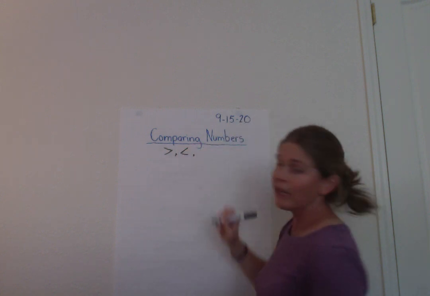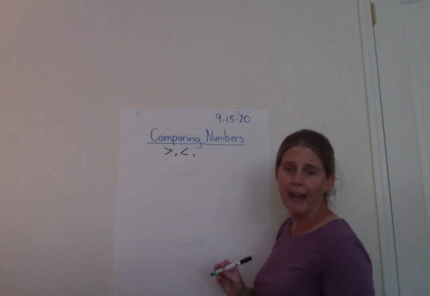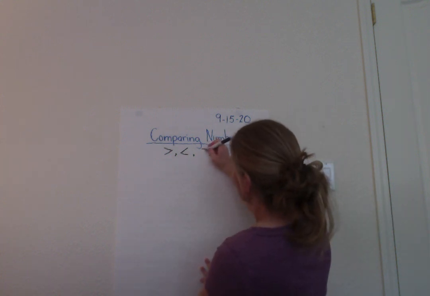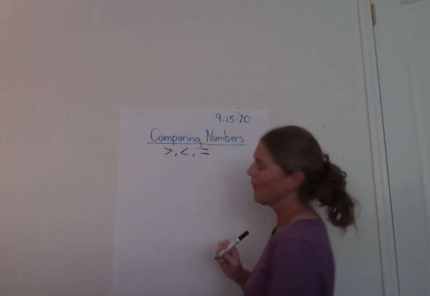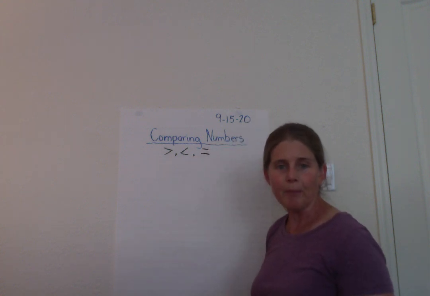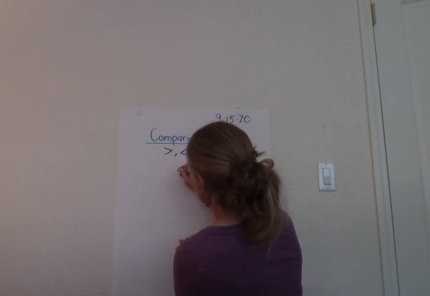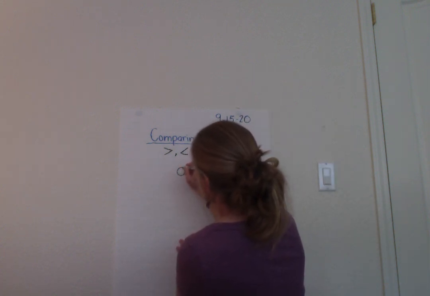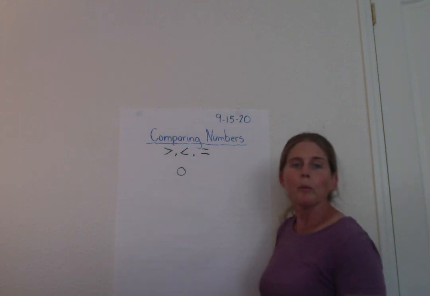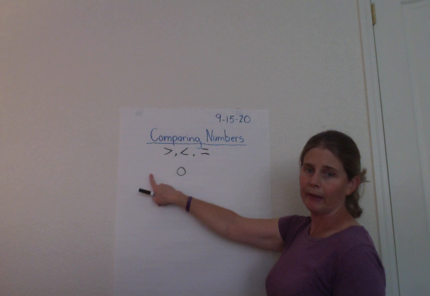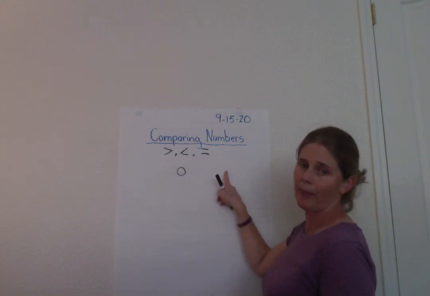And of course, if and when the numbers are the same, we will have an equal sign. Now, often when we compare numbers, you're going to see a little bubble in the middle. It'll look like this. The bubble will be where we put our sign in, and we're going to have a number on the left and a number on the right.